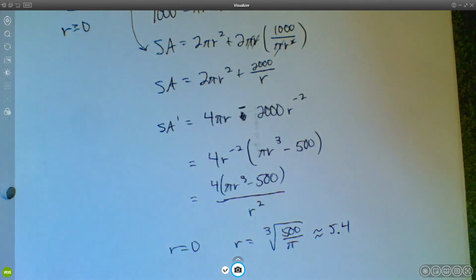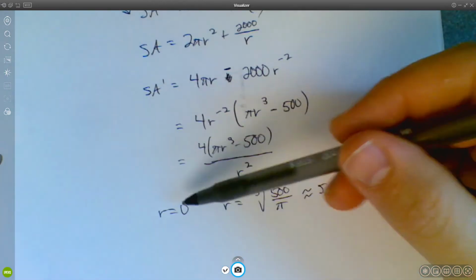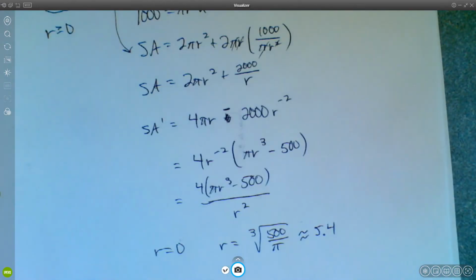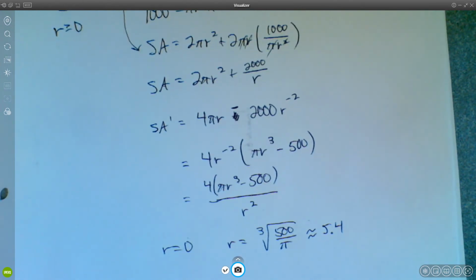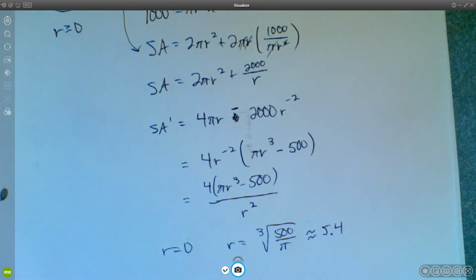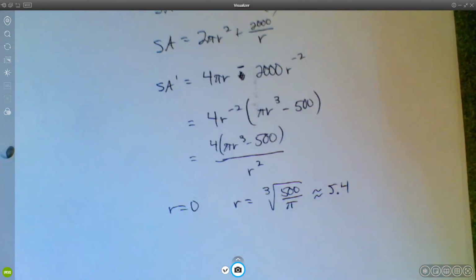Okay, well, so let's check these things. In order to determine if these things are maxima or minima, I might want to do a second derivative test, because otherwise it's kind of hard to tell what's going on.